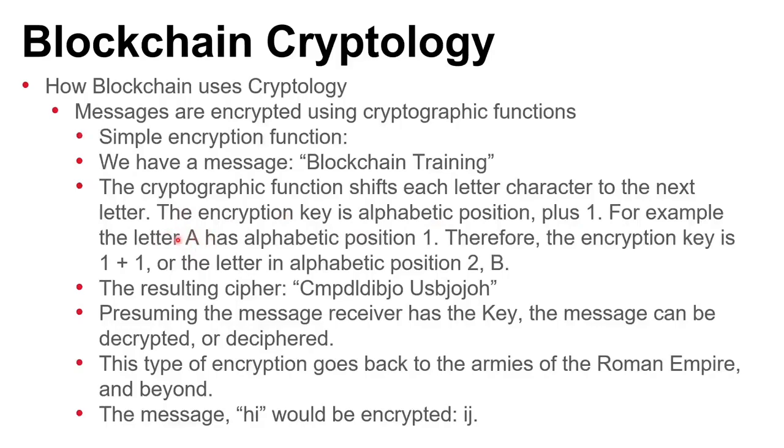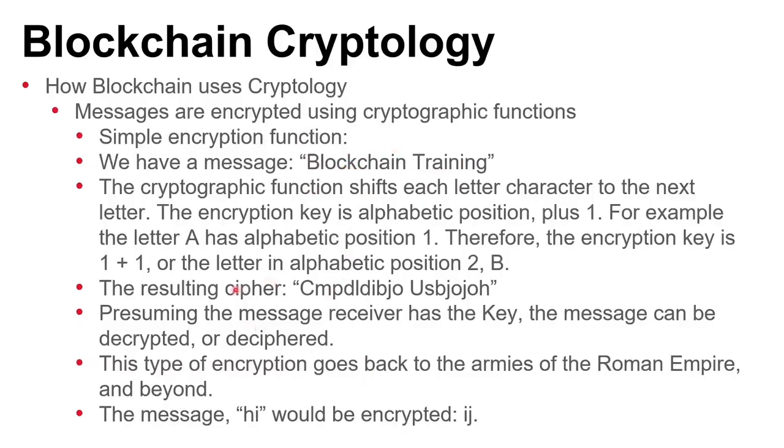Everywhere I have a letter A, if I shift the position by 1, we know A is number 1 in the alphabet, and I add 1 to number 1, it's 2. So every time I mean to say A, I really say B. That is my mathematical cipher, and we see here "blockchain training."